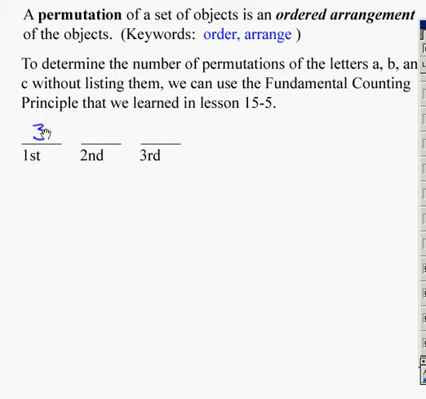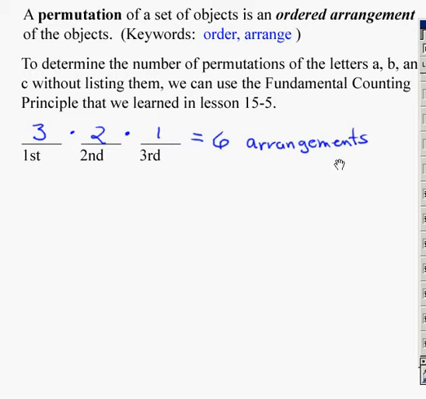However, since we're not allowed to repeat letters, when we get to the second position, whatever letter we already chose, that means there's 2 remaining. And after we've used up 2 of the letters, in the third position, there's only 1 choice left. Fundamental counting principle that we learned in the previous lesson said it's a compound event. You multiply each outcome. So 3 times 2 times 1 is 6 arrangements, which we had previously listed, the 6.